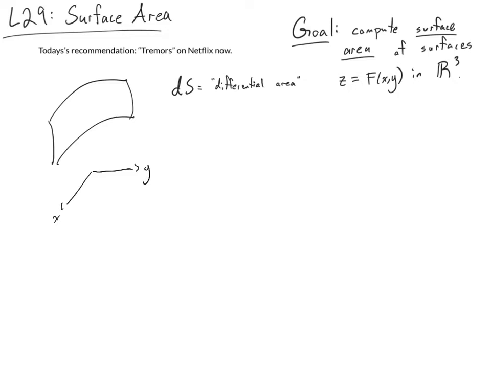The graph is somewhere above this. So this is z equals f of x comma y. And down in the xy plane, you've got this tiny little rectangle that's dx by dy. So that's your little dA, dx dy, okay?